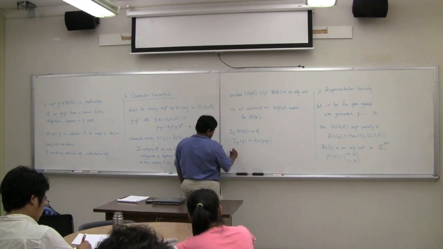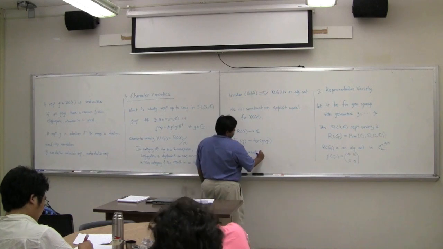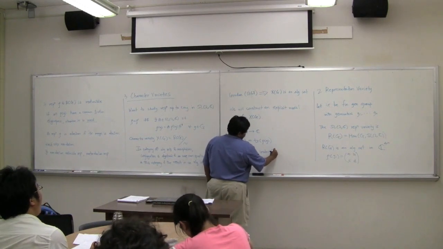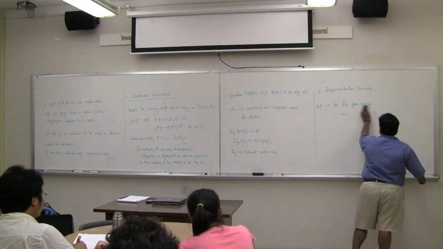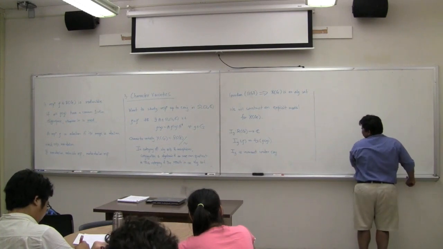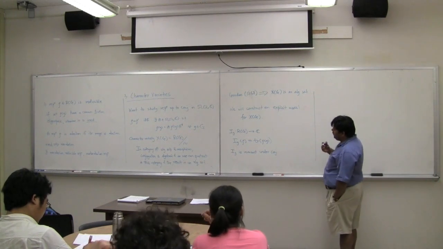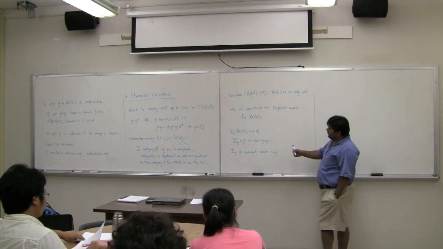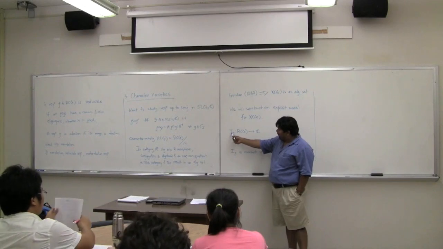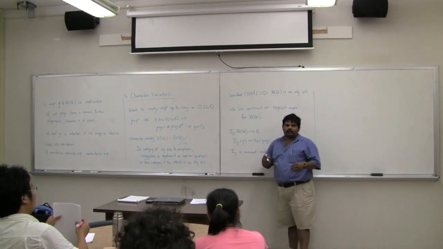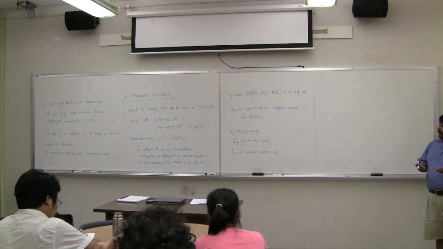So what we can do is look at the ideal generated in the coordinate ring of R of G. We look at the ideal generated by all functions of this form, and we hope that this ideal will generate the ideal for the character variety.